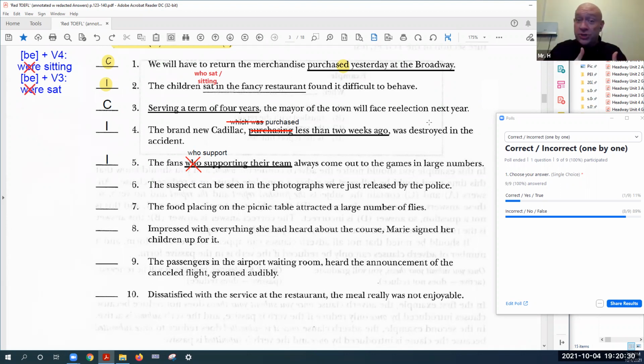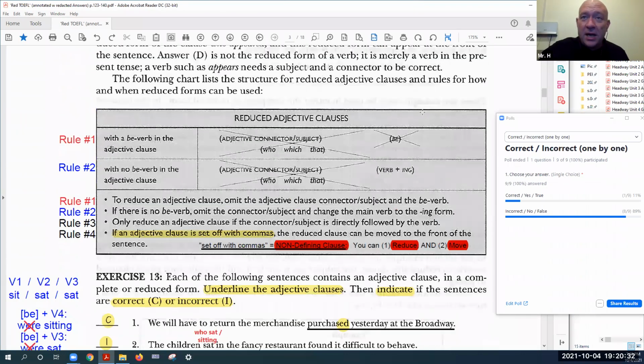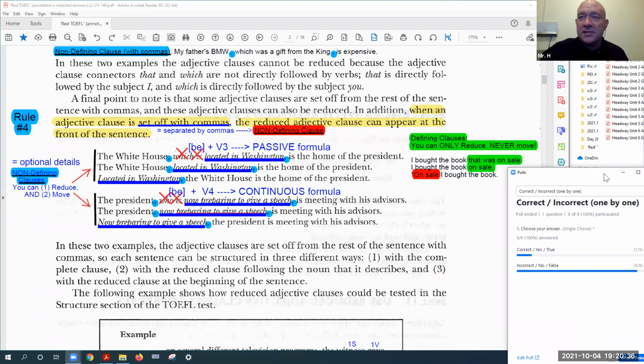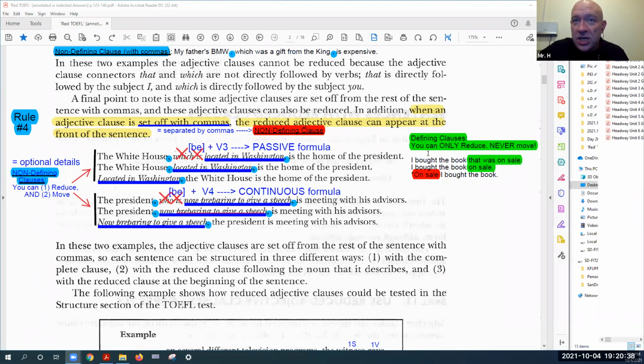You can reduce it, right? We go back up to this rule. I told you right here, all right? In this case, you can reduce it like this: I bought the book that was on sale, or I bought the book on sale. You can reduce it, but you cannot move it.